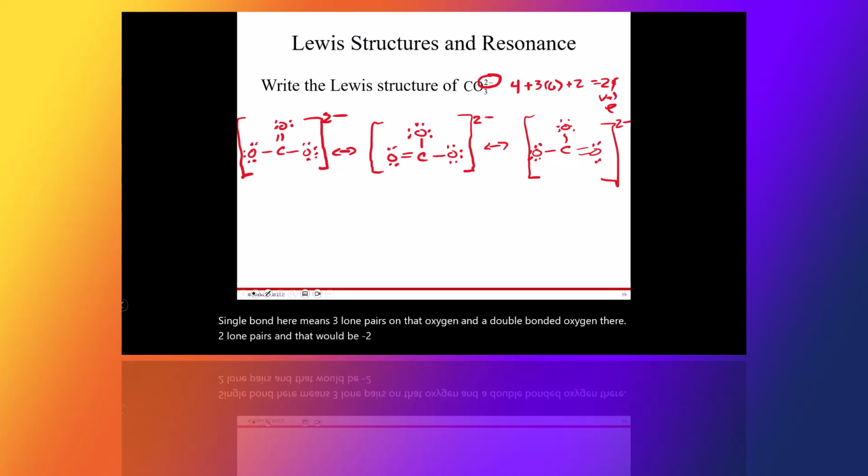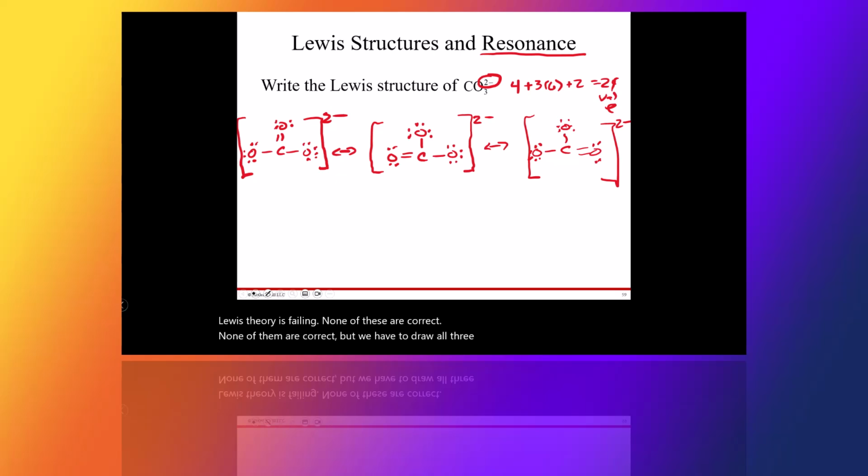So this is called resonance, and again, it's when Lewis's theory is failing. None of these are correct. But we have to draw all 3 structures, and by drawing all 3, anyone looking at this will go, oh, resonance is occurring. So it happens, and it's recognizable because there's more than one structure drawn here.